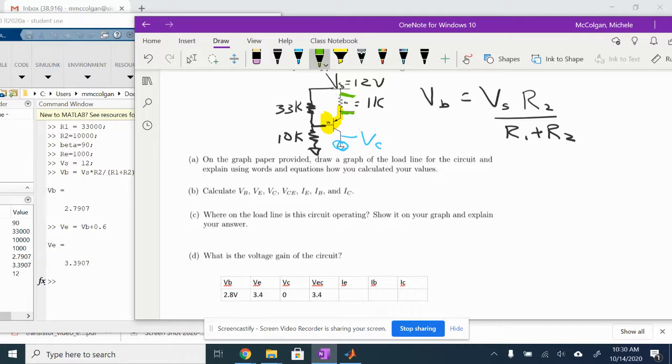So the voltage across RE is equal to VS minus VE. That's the voltage drop across RE right here. So I can figure that out.